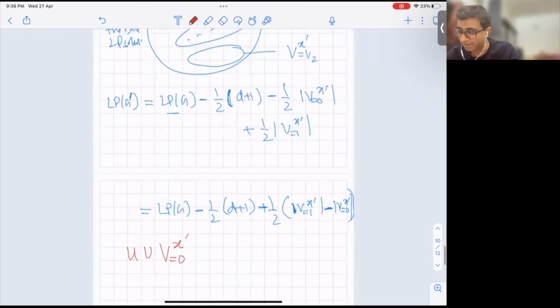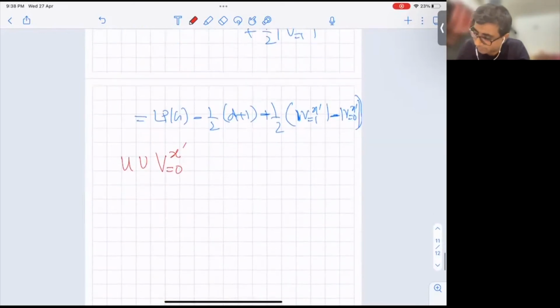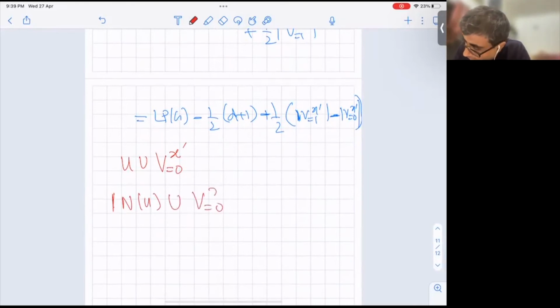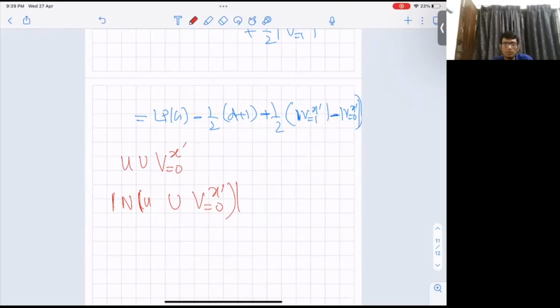Excellent. But what do you know about N of U union V1 of x prime? What is the cardinality of their neighborhood by our assumption? It is at least the cardinality of V1 plus 2.